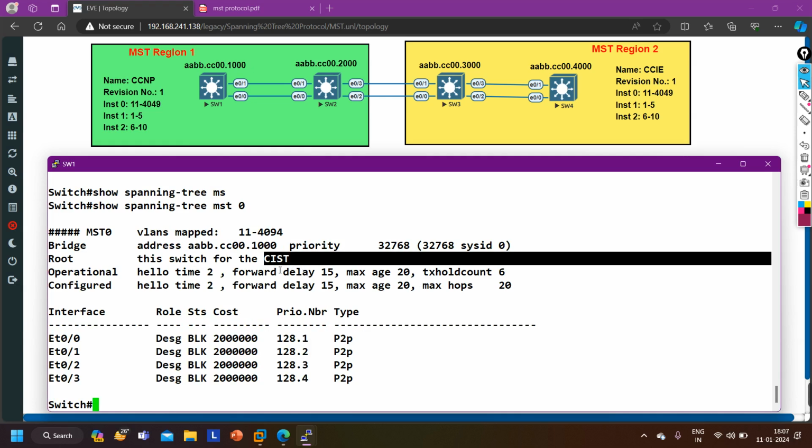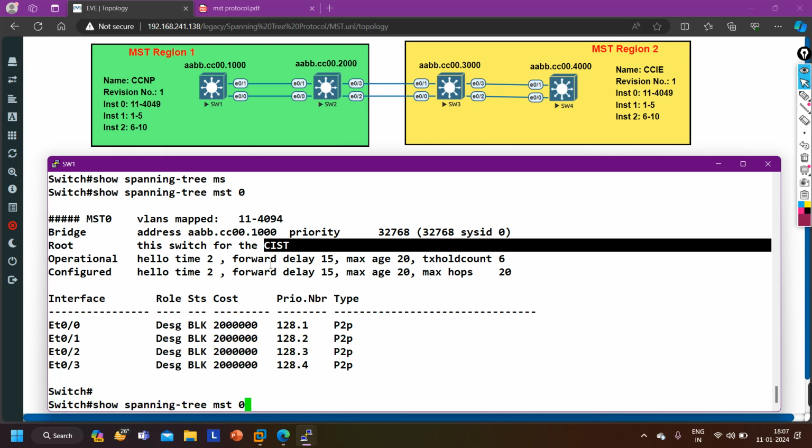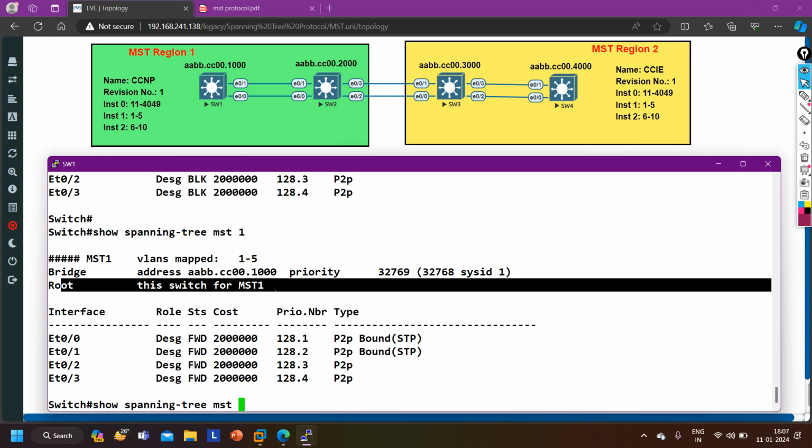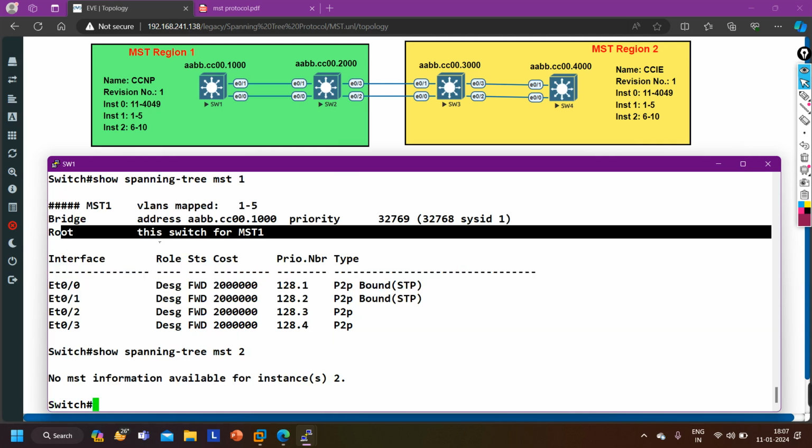As I told you, the switch for instance 0 will become the CIST root. In the previous class, if you have not watched my previous video, first watch that video, then only you can understand this one. Now for instance 1, this switch is the root bridge for MST instance 1. For instance 2 also, this switch is my root bridge.